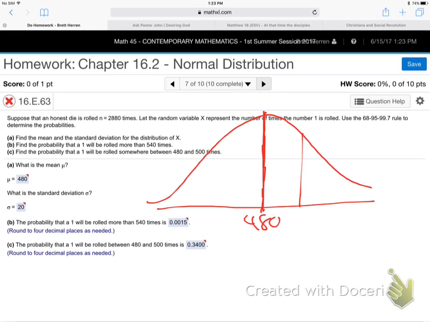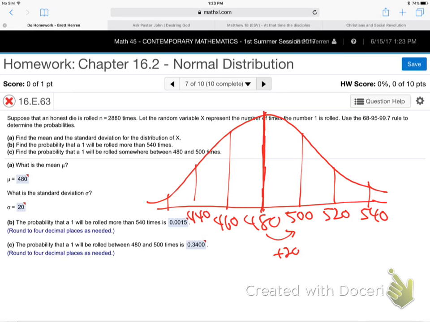And one jump to the right, 1, 2, and 3 lines to the right. Every line is 20. So you add 20, then 1, 2, and 3 to the left. So 500, 520, 540 go left, 460, 440, 420. Is that good? And the percentages are always the same.